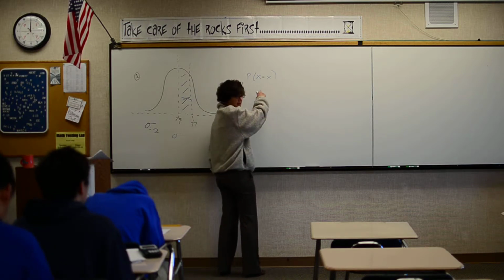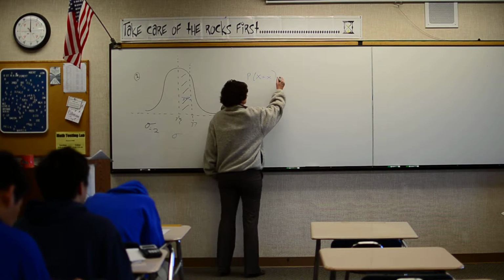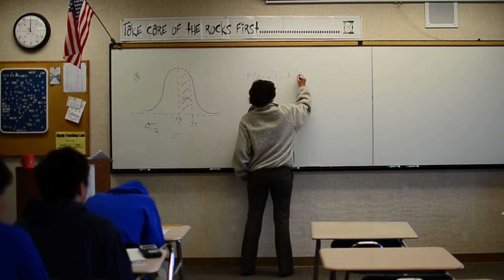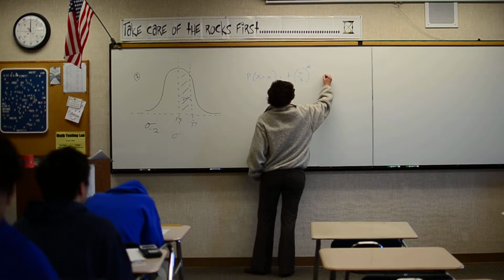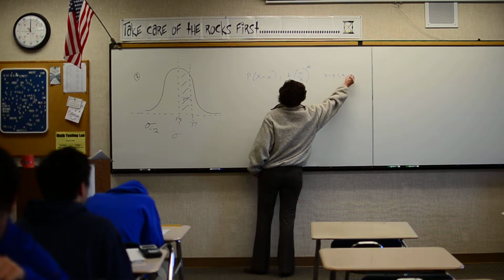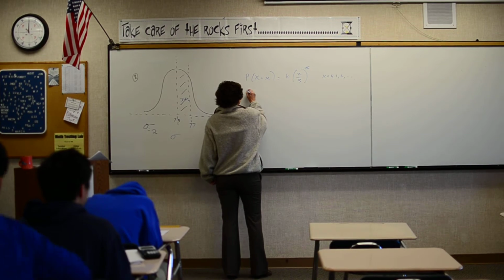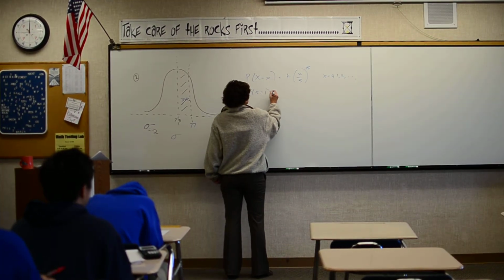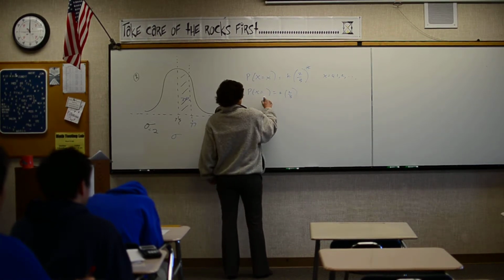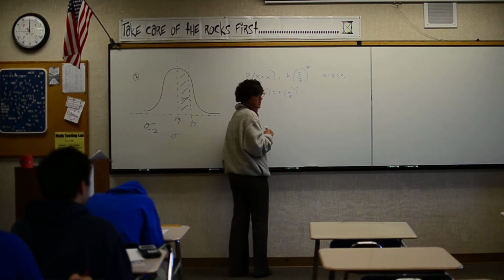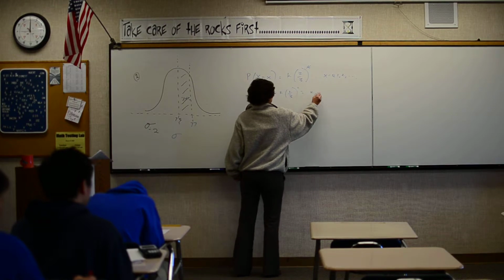Do we understand that? The probability that X is 1 and so forth is k times 2/3 to the x, where x goes 0, 1, 2, and so on. The probability that X is 0 is k times 2/3 to the 0, which is just k.